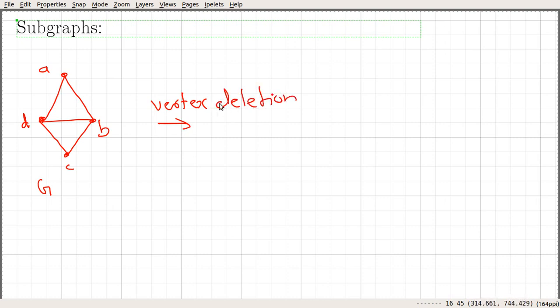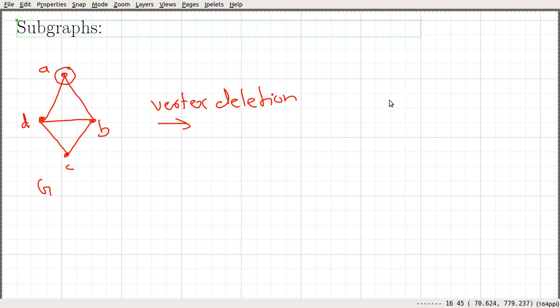In vertex deletion, we simply delete a vertex and all the edges that are incident on that vertex. For example, suppose that we are going to delete this vertex A.